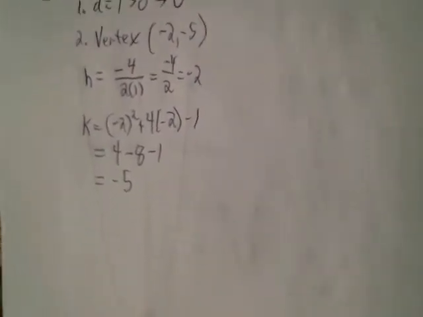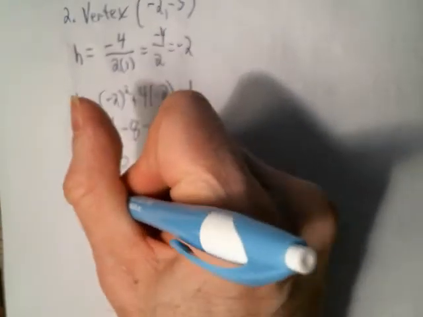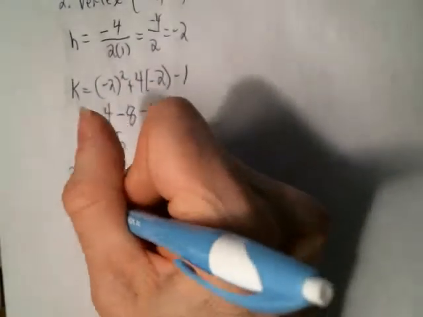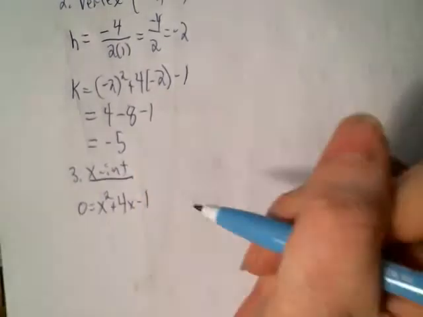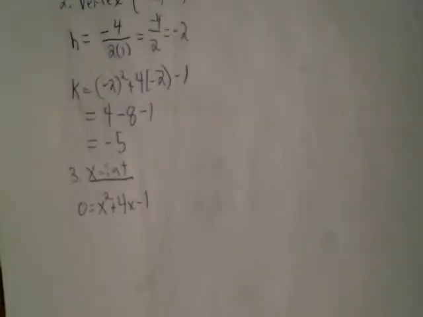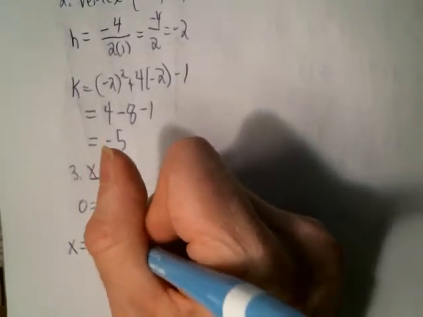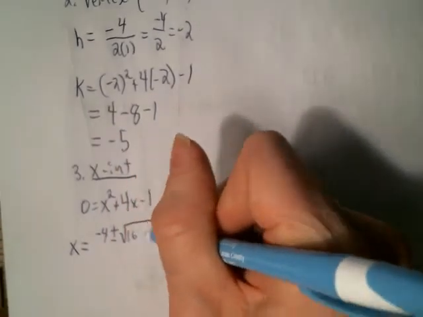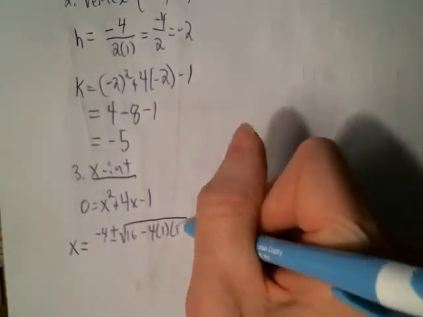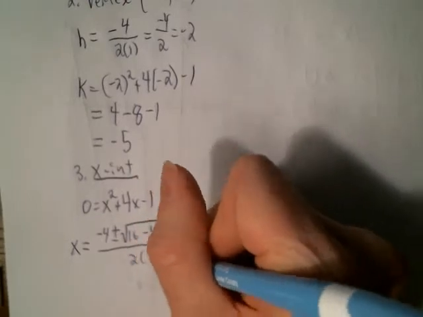Then I need to track down the x-intercept. For the x-intercept, you let y equal 0. So 0 is x squared plus 4x minus 1. You can try to factor it, but it's not going to work. So you're going to have to go to the quadratic formula. x is -b, so -4, plus or minus the square root of b squared, so 16, minus 4 times a times c, all over 2 times a.